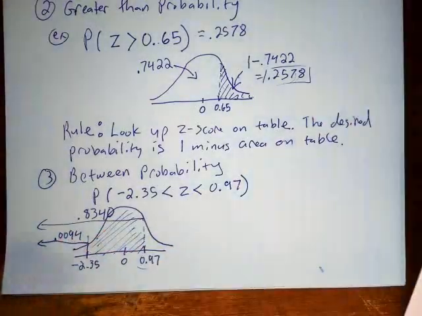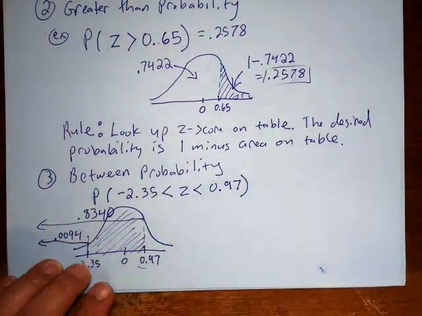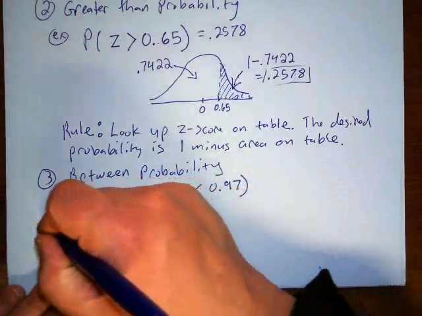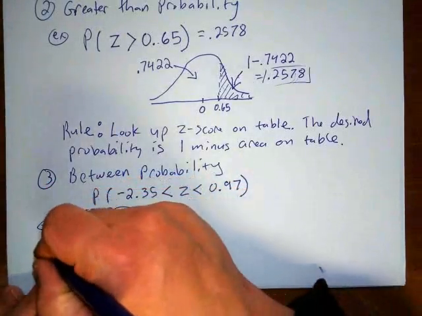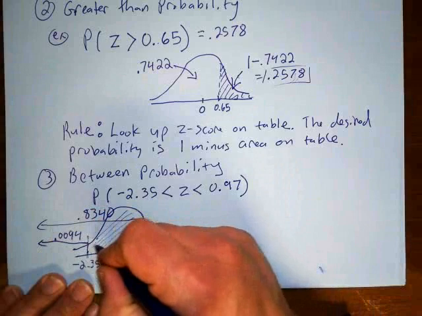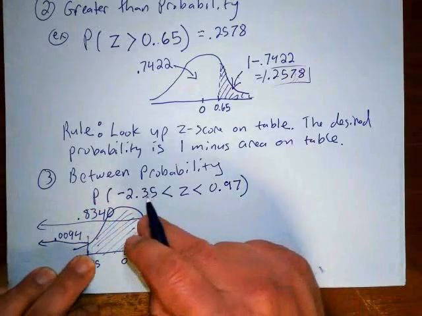To get the area between, the first gives me all of the area, I want to take away this area, and that leaves the area between the two.